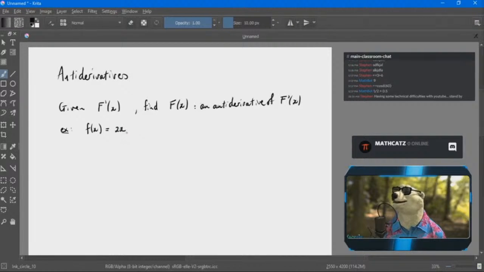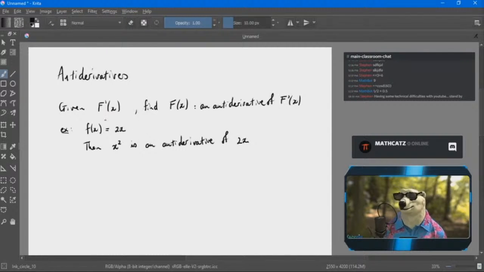Let's just say 2x. Then we say the function, call it whatever you want. I'm not even going to give it a name, to be honest. X squared is an antiderivative of 2x. The name is quite irrelevant.